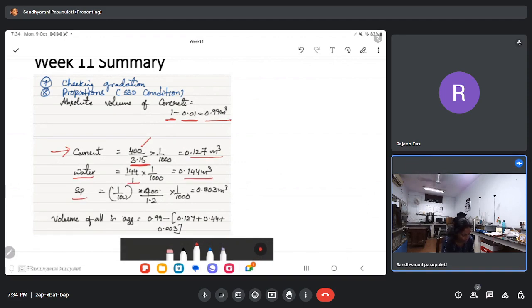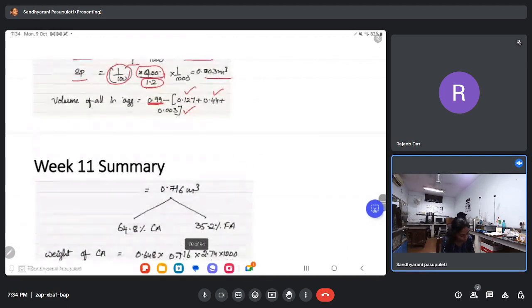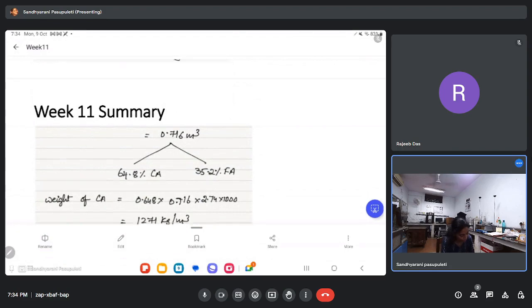For the superplasticizer also, we divide with the specific gravity, and we are going to use 1% by weight of the cement, that is 400, and dividing that with the specific gravity, we get the volume. So out of this solid volume of 0.99, we remove the cement, water and also superplasticizer. Whatever remains would be our aggregate proportion.